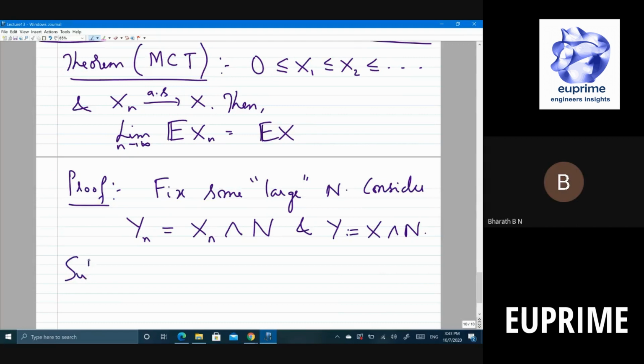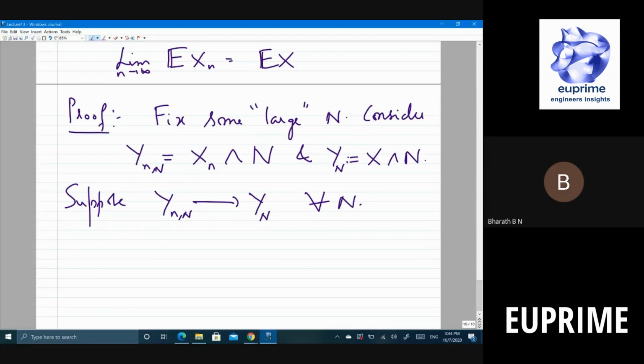Now suppose I prove that Yn converges to Y. Let me call this Yn comma capital N. Suppose the expected value of this goes to this. It is true for every n.